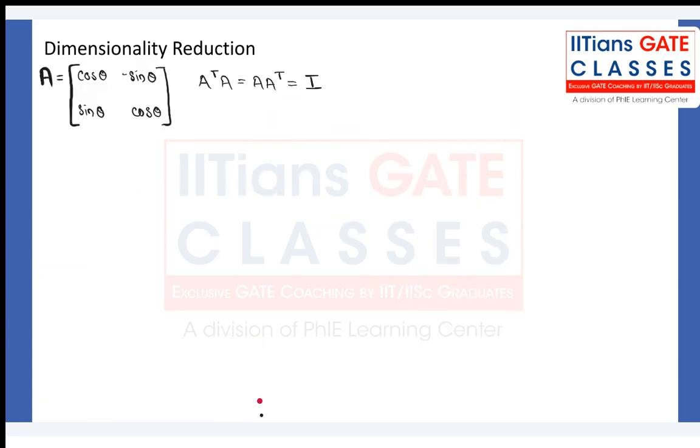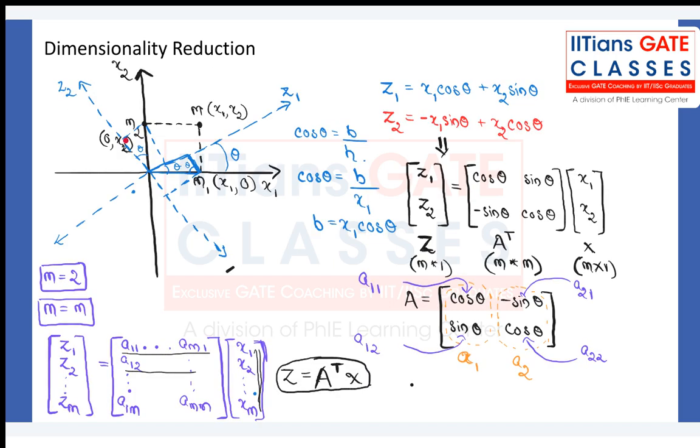So, to get the first transformed dimension, Z1 is A1 transpose X. Okay, so this is your A1 transpose, because this is already written as A transpose.